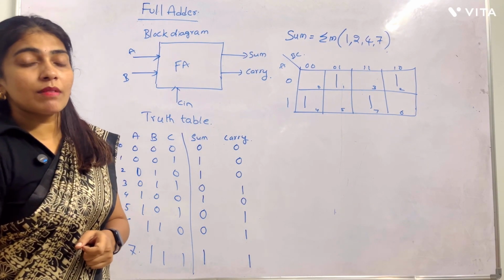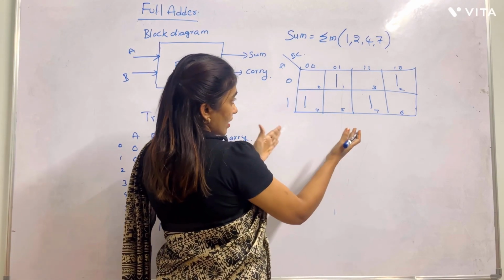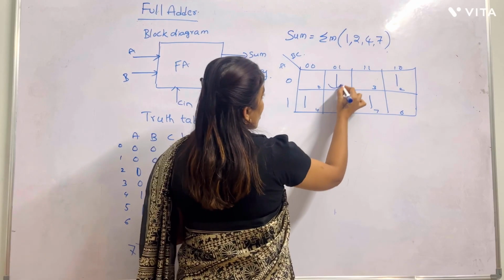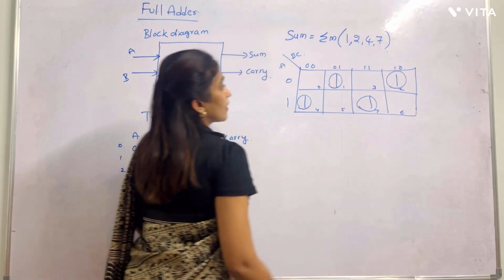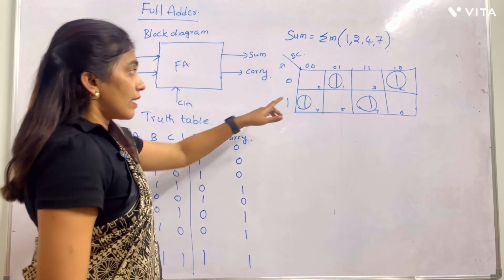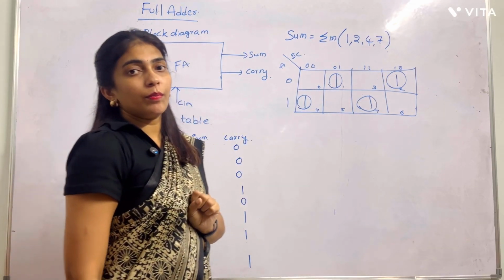After placing the min terms, go for grouping. In this situation there is no particular group, no pair, no quad, no octal, so we take the individual min terms as single groups.